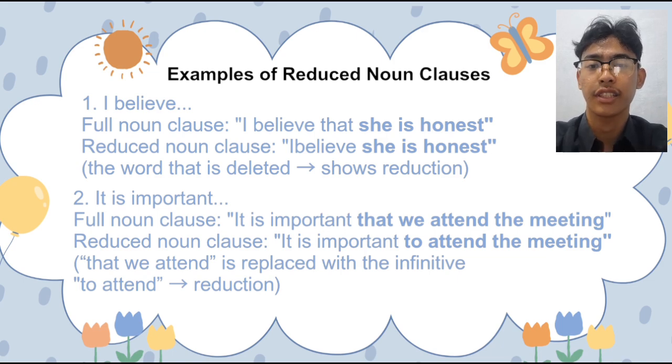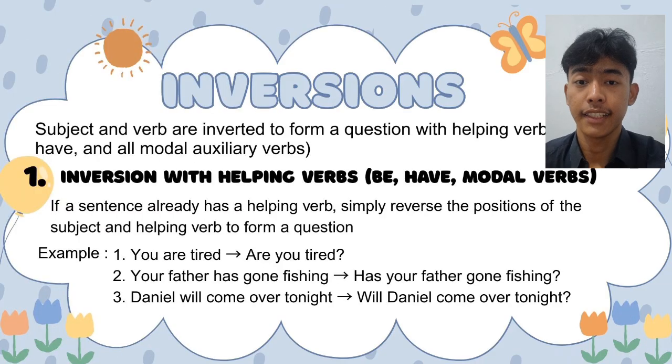Full noun clause: It is important that we attend the meeting. Reduced noun clause: It is important to attend the meeting. That we attend is replaced with the infinitive to attend. Okay, the next discussion will be explained by Adit.